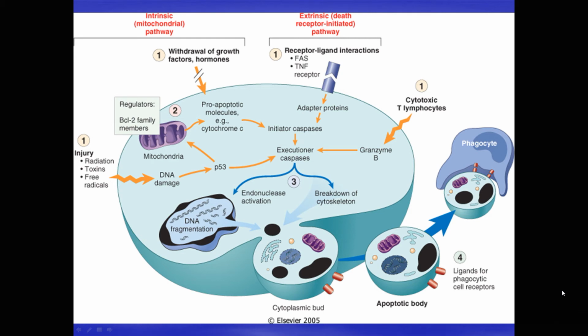To repeat, physiologic apoptosis is responsible for normal physiologic processes: cell destruction during embryonic development, hormone-dependent involution of tissues, death of immune cells, and cell death in proliferating cell populations. While pathologic apoptosis is involved, for example, as we will see in the next lecture, in cancer growth.